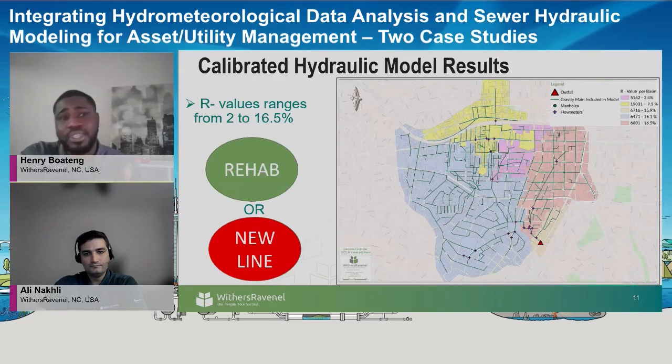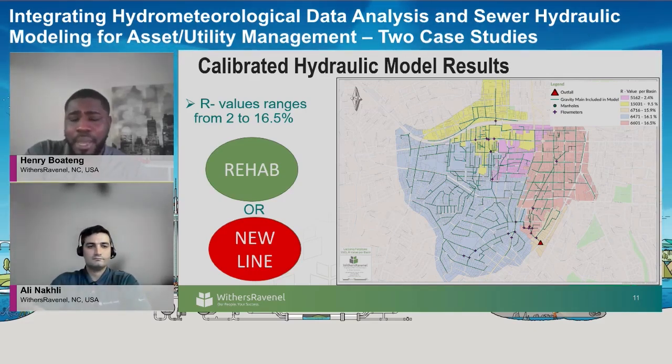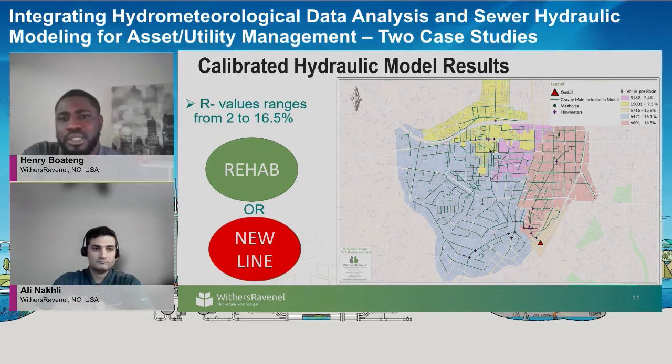So after we are done with our calibrated models and everything, and we looked at our values, it was around 16.5. So the idea is, let's do rehab, or let's take out that line, and there might be some infiltration, but there is the law of diminishing returns. At what point are you going to stop?